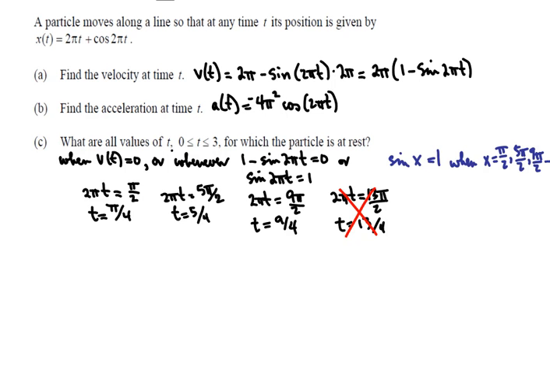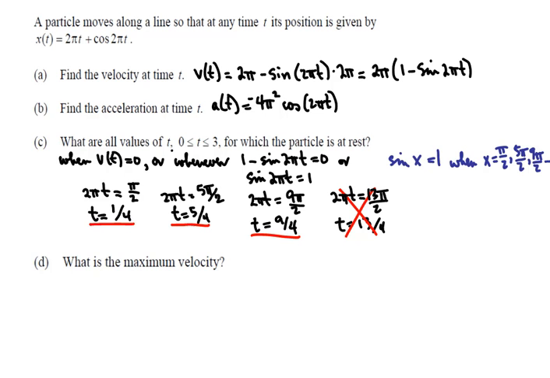T equals pi, excuse me, t equals 1/4, I keep making that mistake, t equals 5/4, t equals 9/4. So those are the values between 0 and 3 for which the velocity is equal to 0.